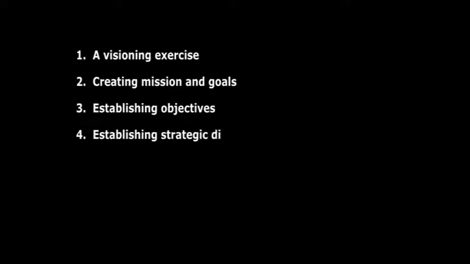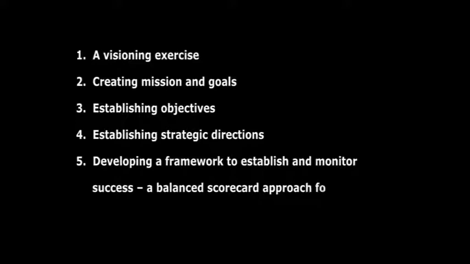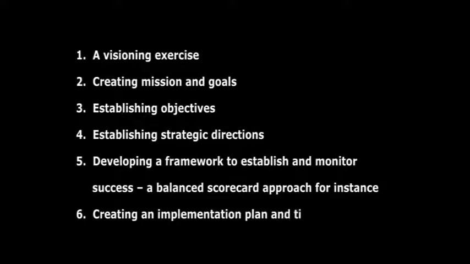Number 4, establishing strategic direction. Number 5, developing a framework to establish and monitor success, that is a balanced scorecard approach, for instance. Number 6, creating an implementation plan and timetable.